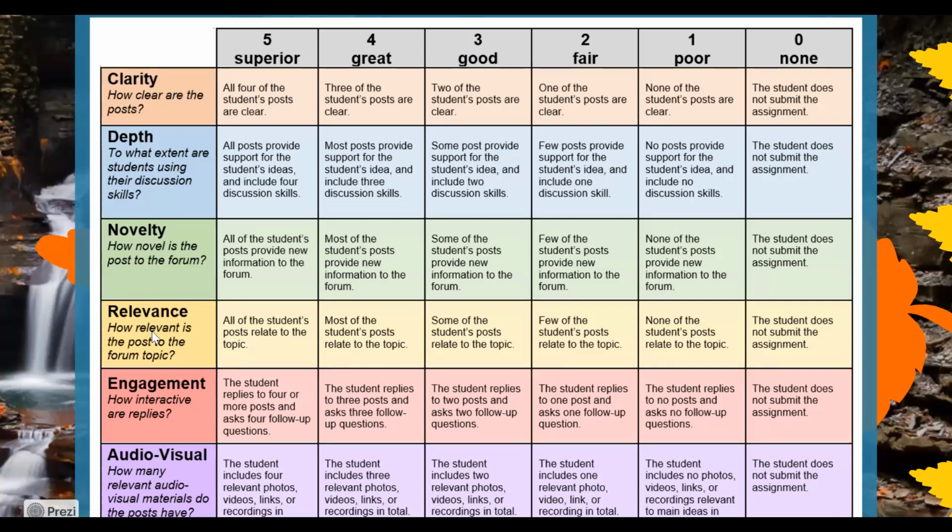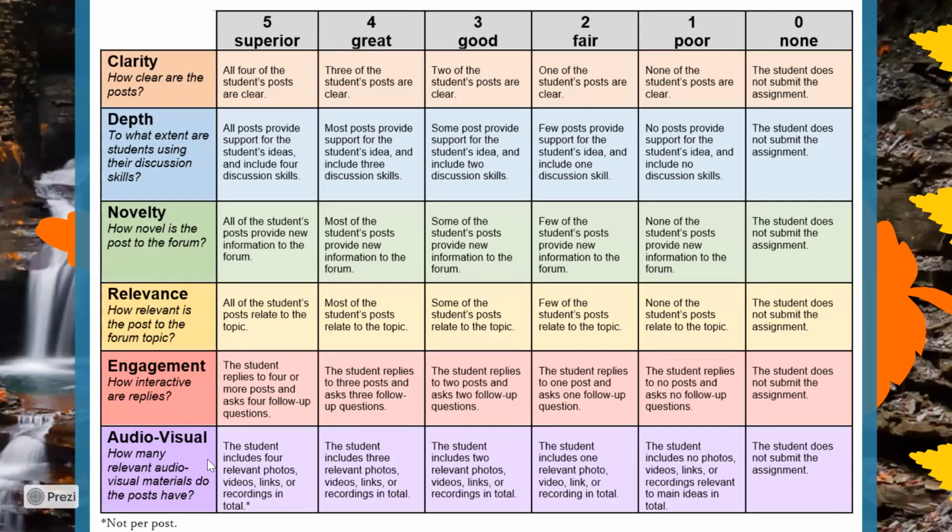Their scores will be out of 30 points because we have 6 categories: clarity, depth, novelty, relevance, engagement, and audio visual.